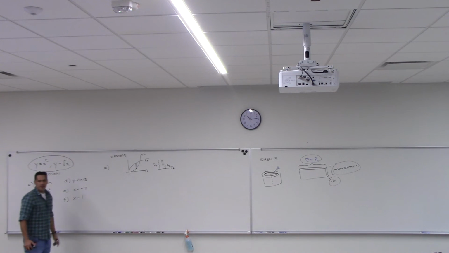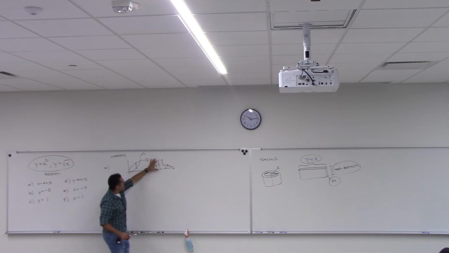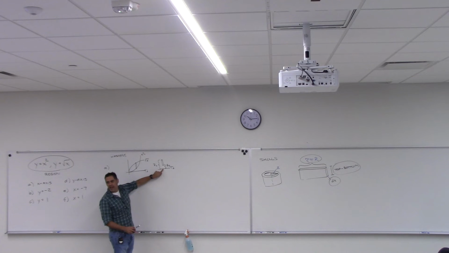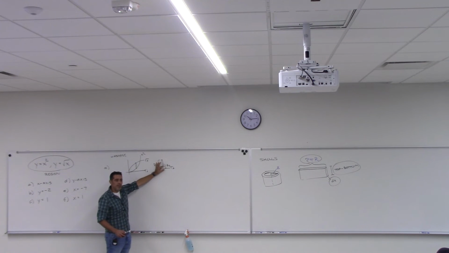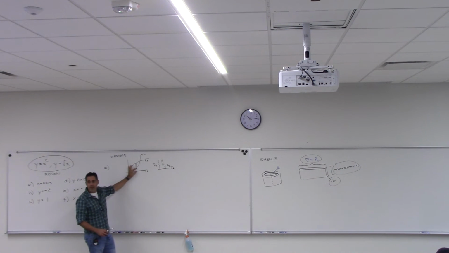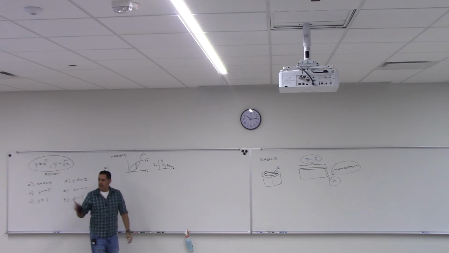What's the outer radius? It's the distance from the axis of rotation, which happens to be the x-axis, to the top of the rectangle, which is the square root of x, and then the inner radius is the distance from the x-axis to the bottom of the rectangle here, which is the x squared function. So I'm going to use my formula.